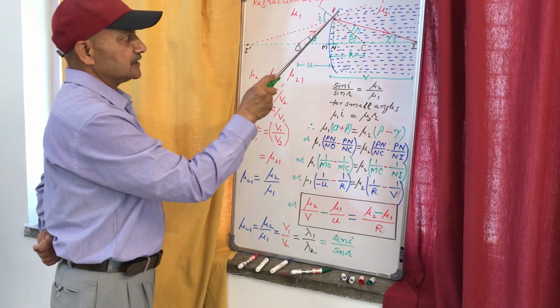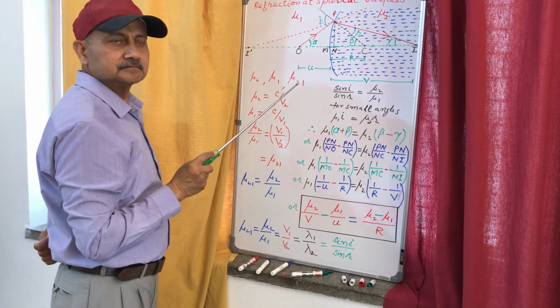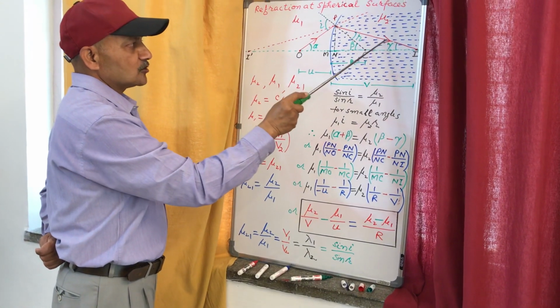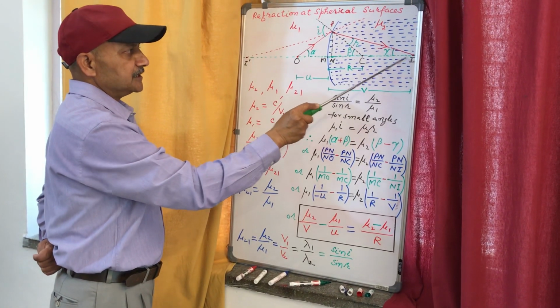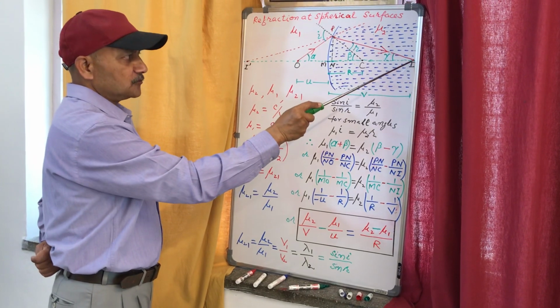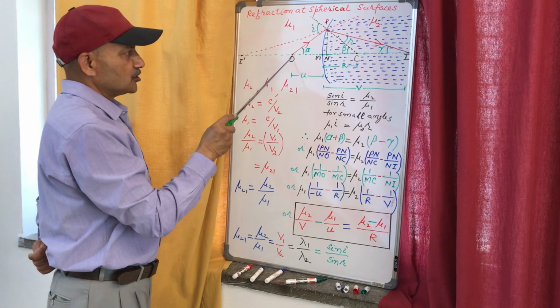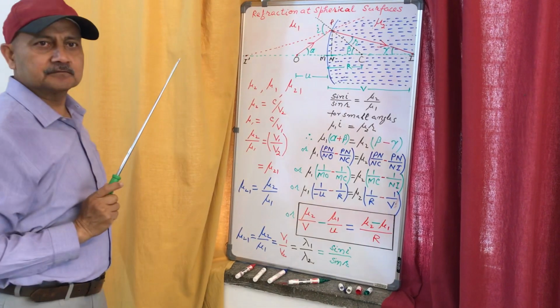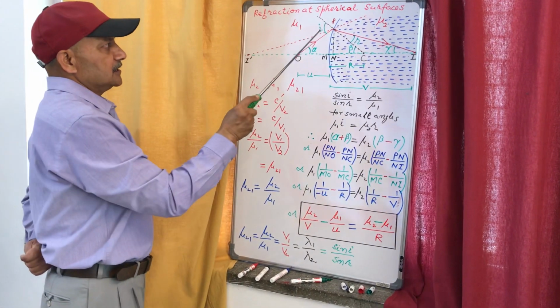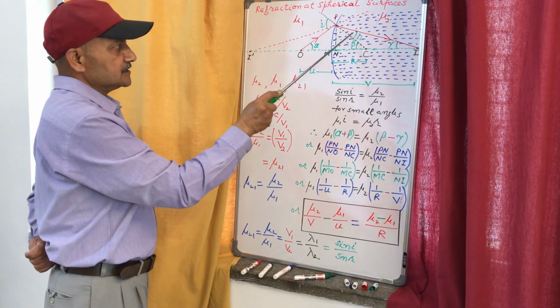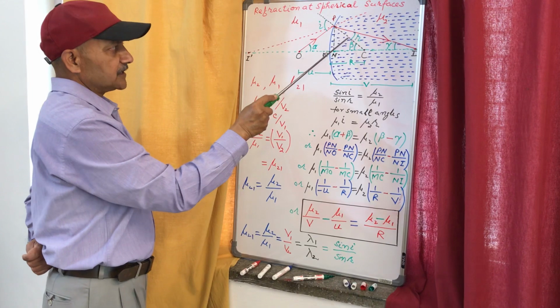This is its original path, and it bends towards the normal and at I it meets the principal axis. Therefore this point I may be called the image of O. So this is the point object, this is the point image. This is the angle between the normal and the incident ray, therefore it is the angle of incidence. Similarly, this is the angle of refraction.